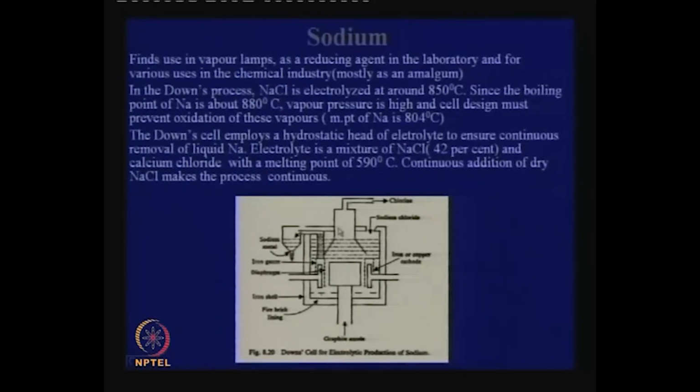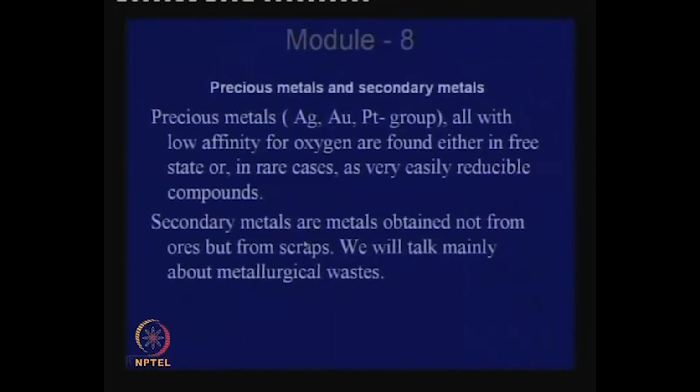In the case of sodium, chlorine is released at the central graphite anode, it escapes from there. Magnesium goes out, goes into an annular chamber where, because it is light, it rises and hydrostatically it is taken out, separated out. This is for sodium. So, actually the sodium never gets to react with chlorine.